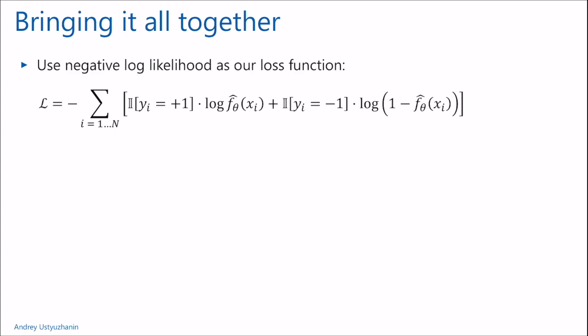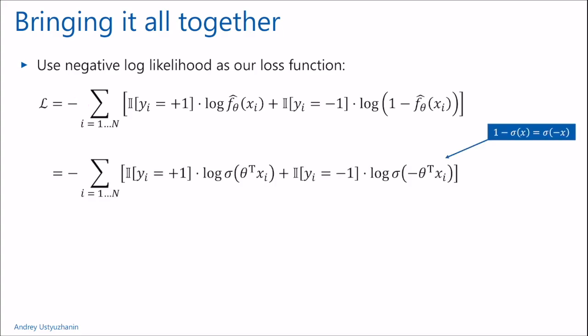And if we bring it all into the same optimization method, we have a loss function defined in a similar way as we saw before, but with a negative sign in front of it. Minimizing this is equal to maximizing the likelihood function.